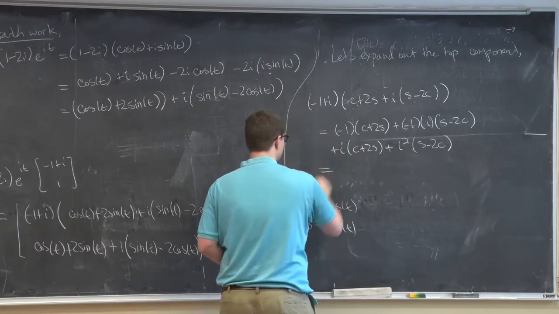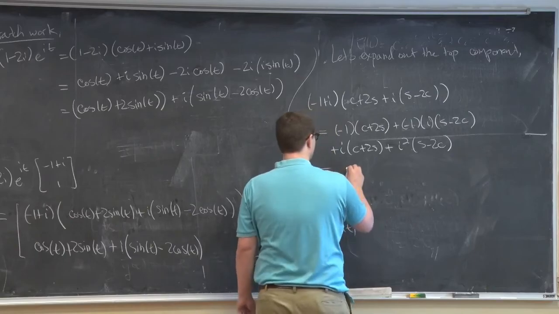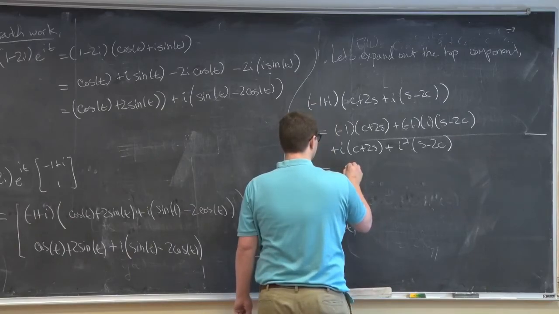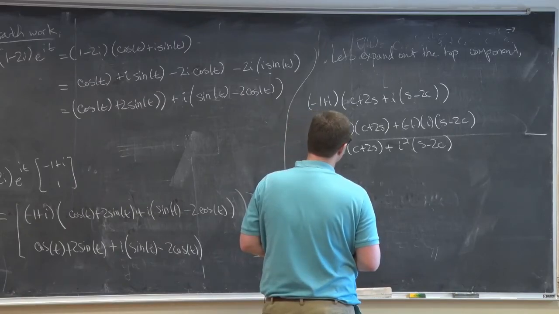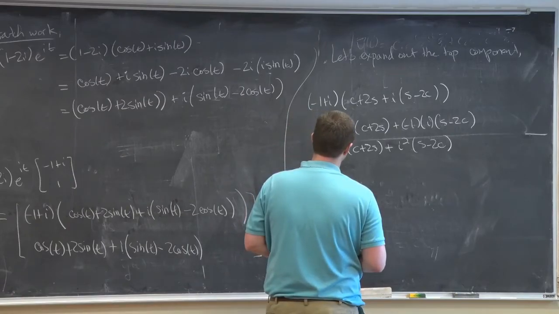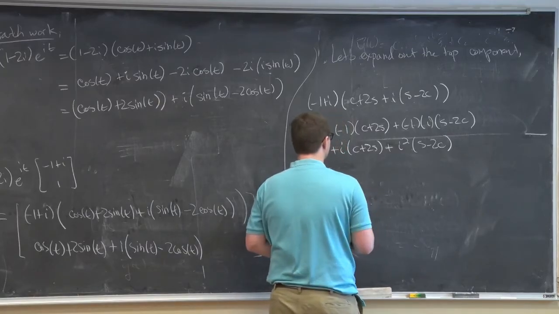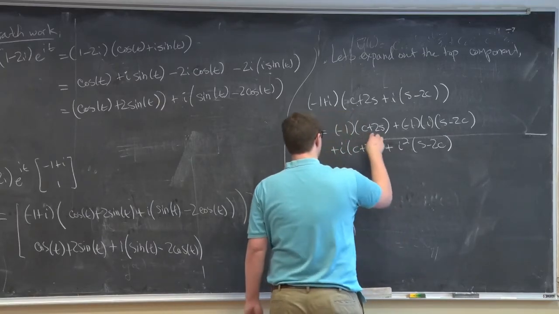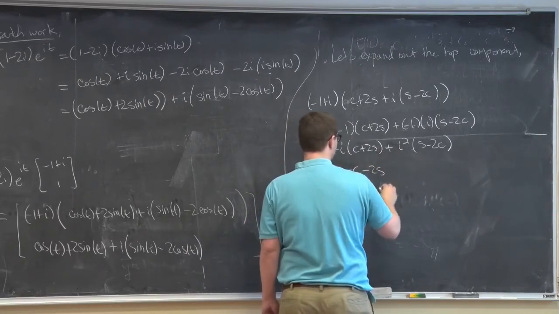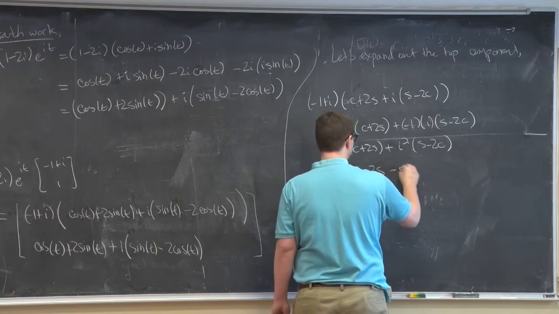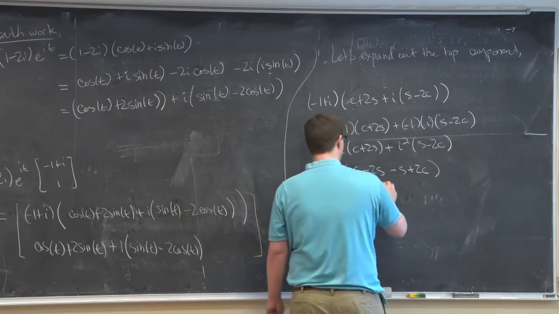So am I missing a sign somewhere? I'm just concerned about the minus signs. Well, let's see what happens. So we have minus C minus 2S, and then minus S plus 2C, because i squared is minus 1.